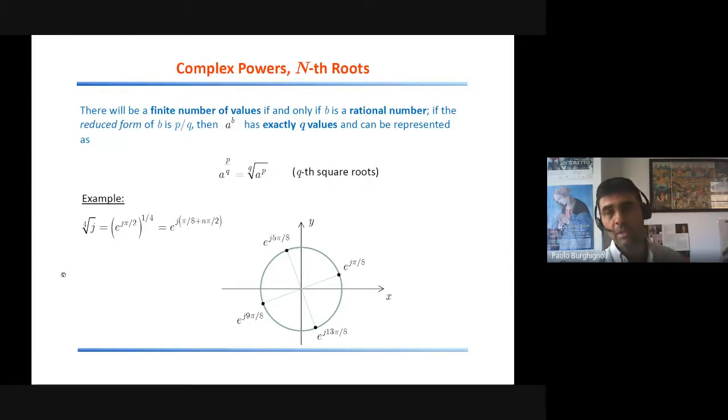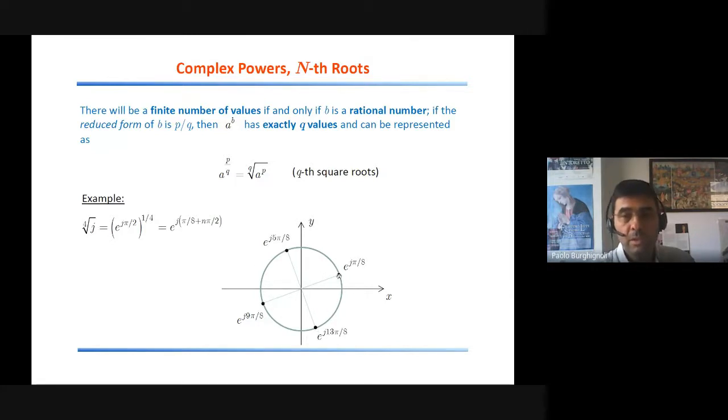For example, if you take the number j, the imaginary unit, and you calculate the power of j to the ratio 1 over 4, so what you do is to calculate the fourth root of j, and this means that you have to take the argument of j, which is pi over 2, and divide it by 4, and that gives you pi over 8, but also you can add any multiple of pi over 4 and you obtain all the other points.